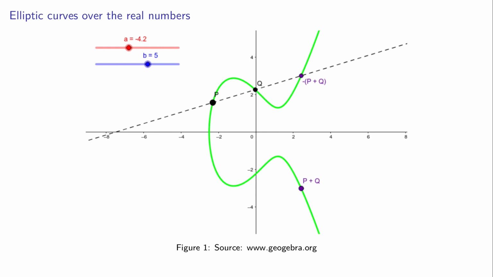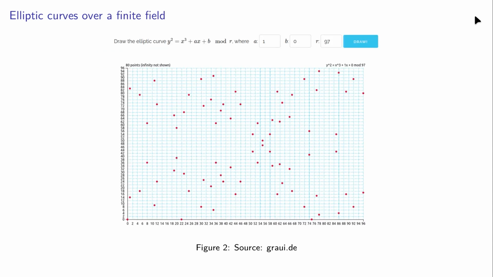Now, what we see here is that the underlying field, so the x and the y, are chosen from the field of real numbers. But in cryptography, what we do is use the underlying field as a finite field. You can think of it simply as arithmetic modulo some large prime number.